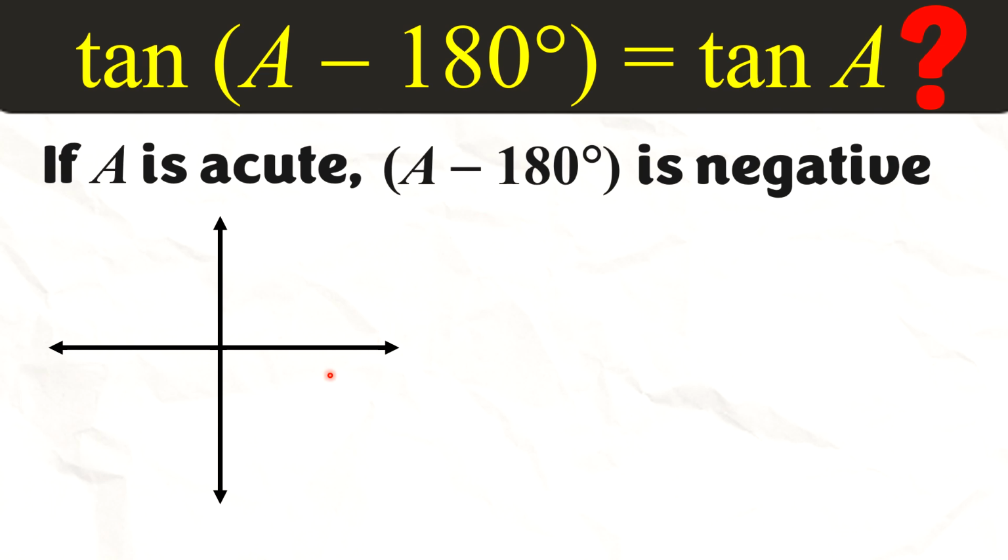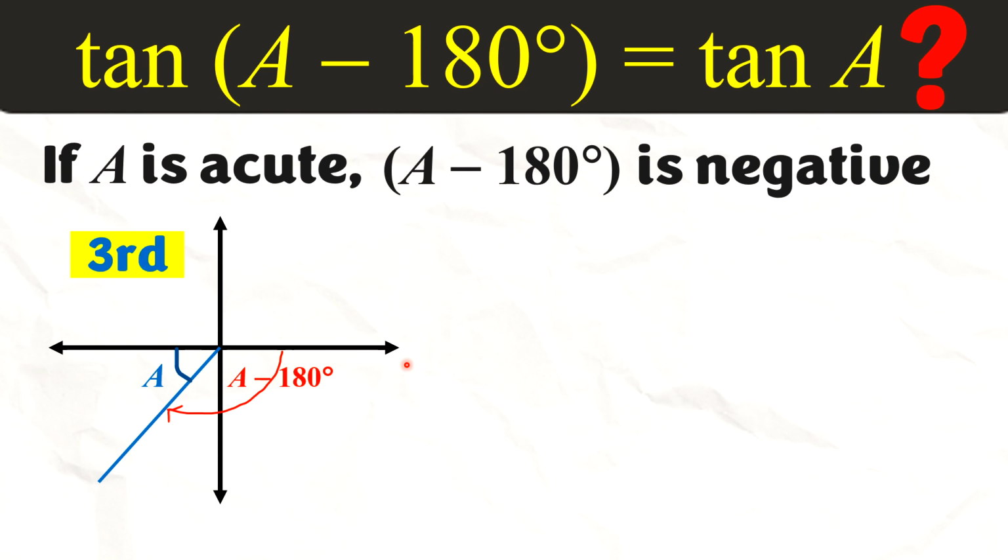You notice that it will give us an obtuse angle. Since it will be a negative angle, I will end up in the third quadrant. So this will give us A minus 180 degrees, whereby angle A is the acute angle, which is over here. So let's recall the ASTC rule.